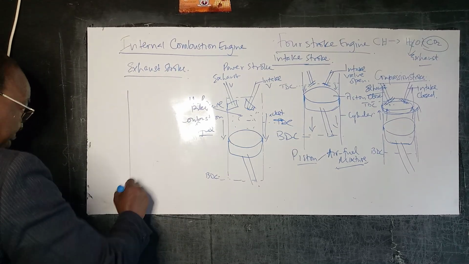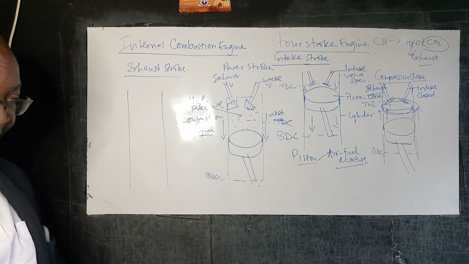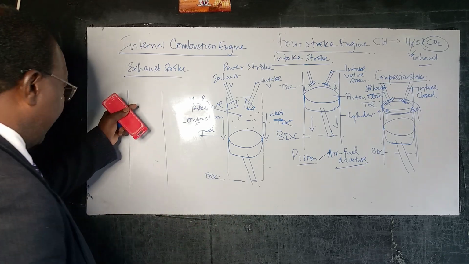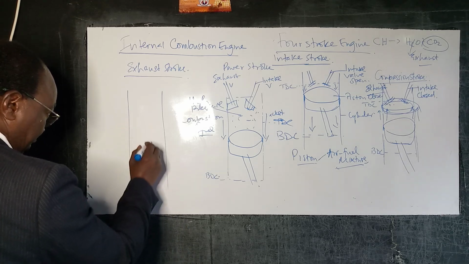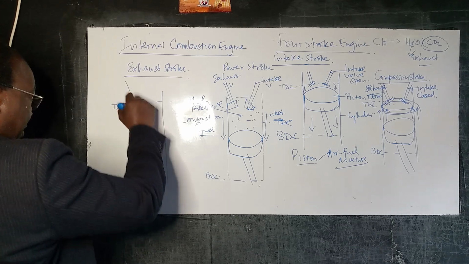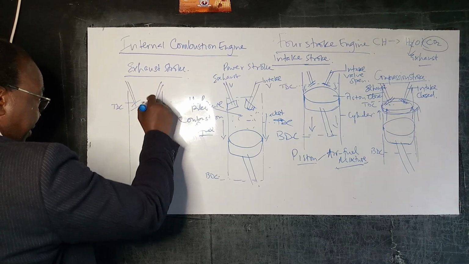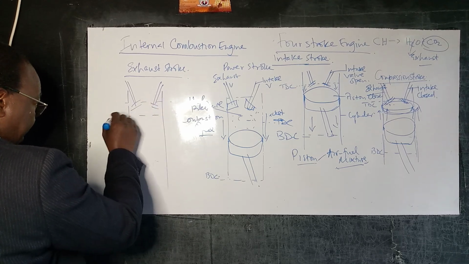And the exhaust stroke, now you can have an idea. Remember, we talked of the intake stroke. Now we have the exhaust stroke. Here we have the piston. Remember the TDC. We have our valves.